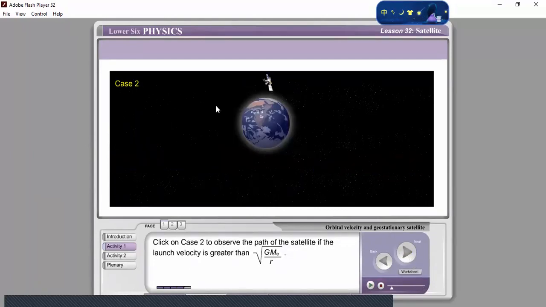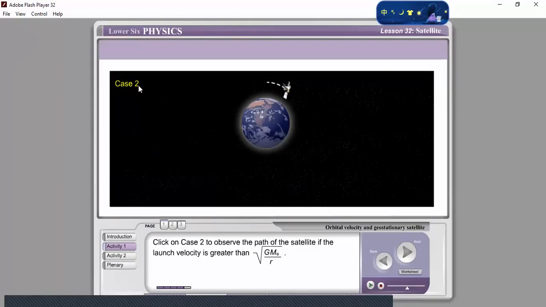Click on Case 2 to observe the path of the satellite if the launch velocity is greater than square root of GM_E over r. How about if we launch with a velocity greater than the exact velocity?